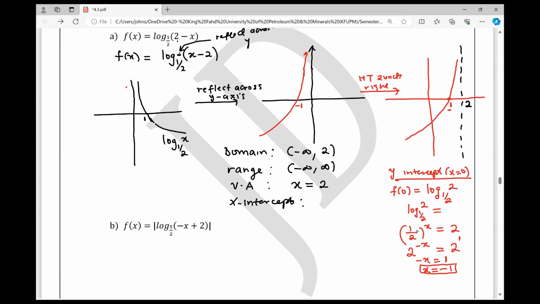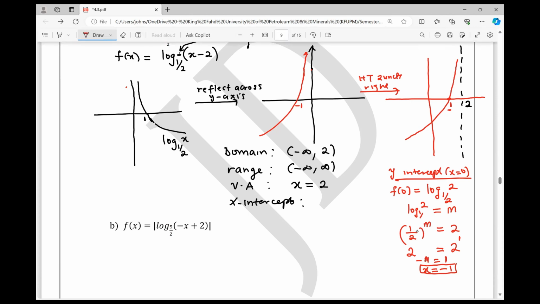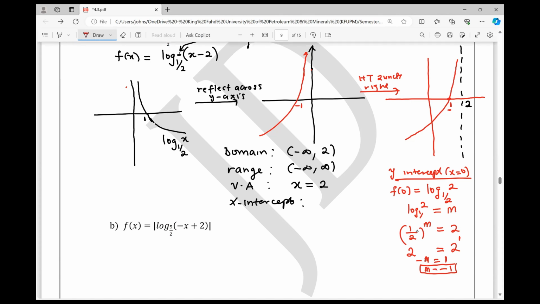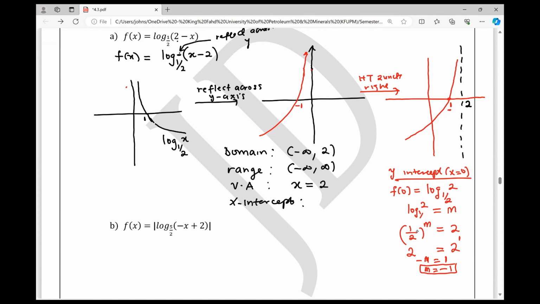Now let me not use x, let me use m to avoid confusion here, because we already have x to be 0, right? So let's use m. So m is equal to minus 1. So simply it means that this point here is going to be 0 and minus 1.